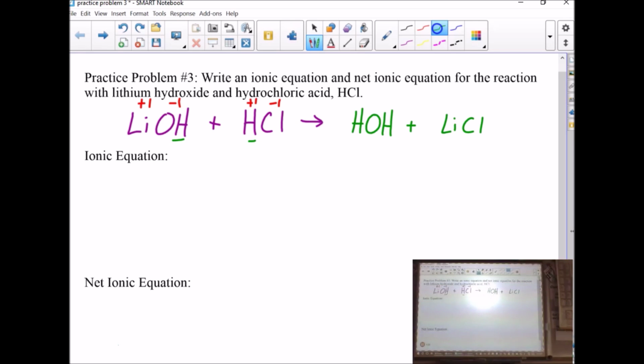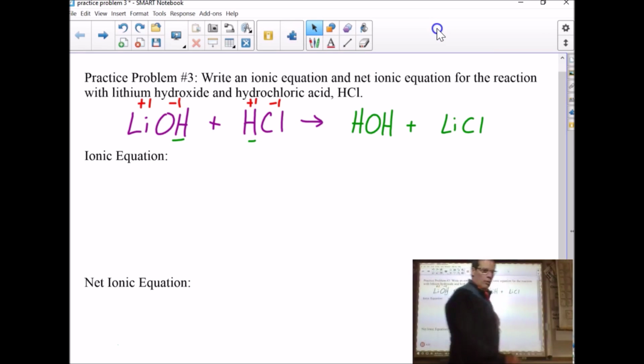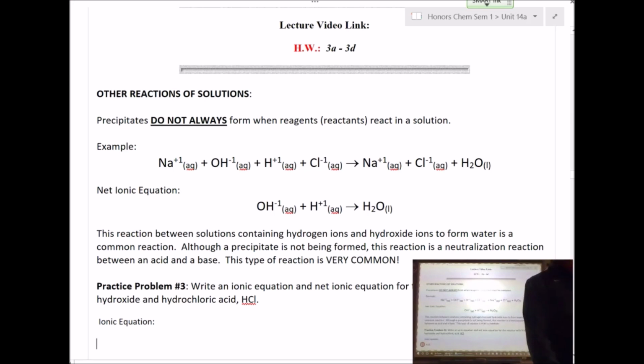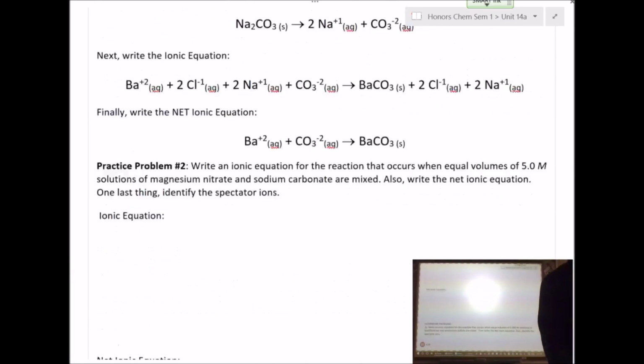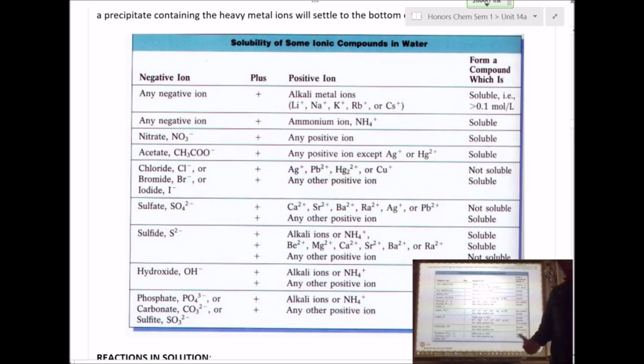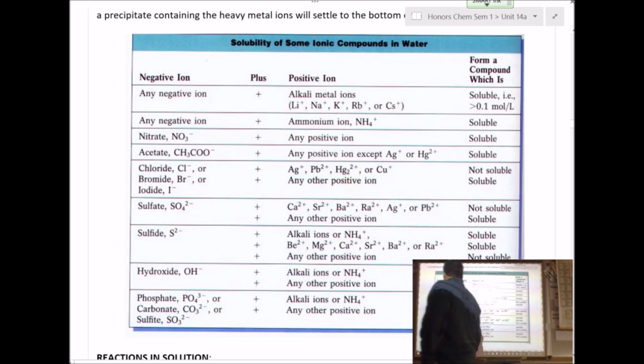Now, just to be careful, I would still go back and check the solubility table just to make sure that we know that water is soluble. It's water. All right? It's not going to form a solid in liquid water. It's not going to form precipitate. However, be sure that you're looking at your table, and remember that all three of these apply to the same information.